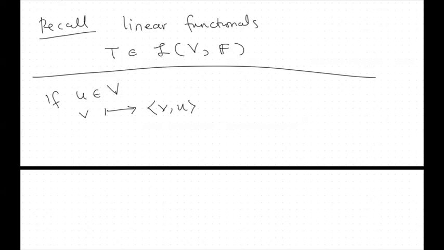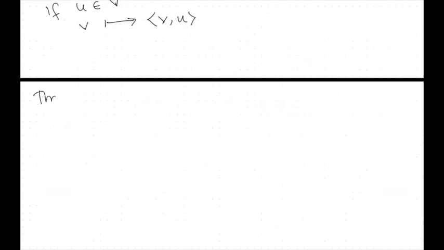So basically, this is hard to find, this U. This is not obvious, but this is a clever result from Riesz. And this is coming from the following theorem. Let us write that.